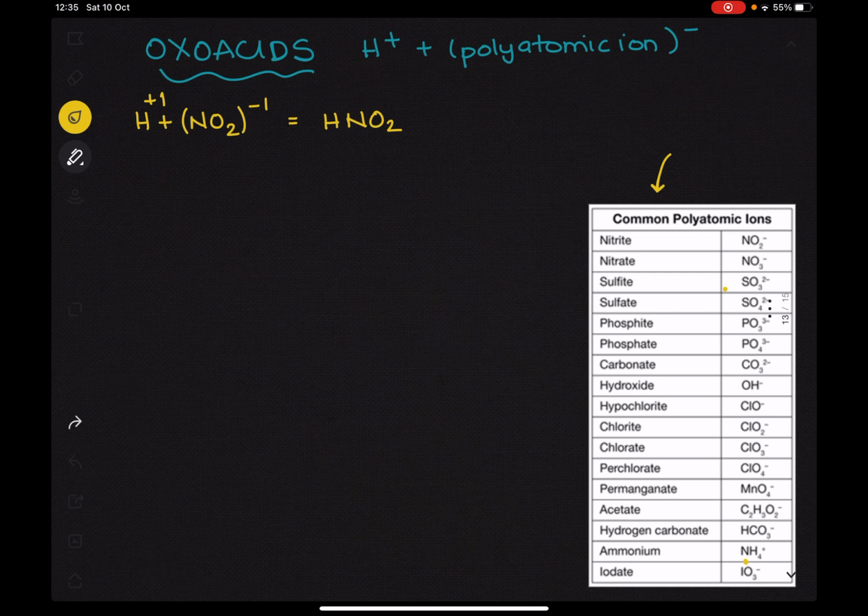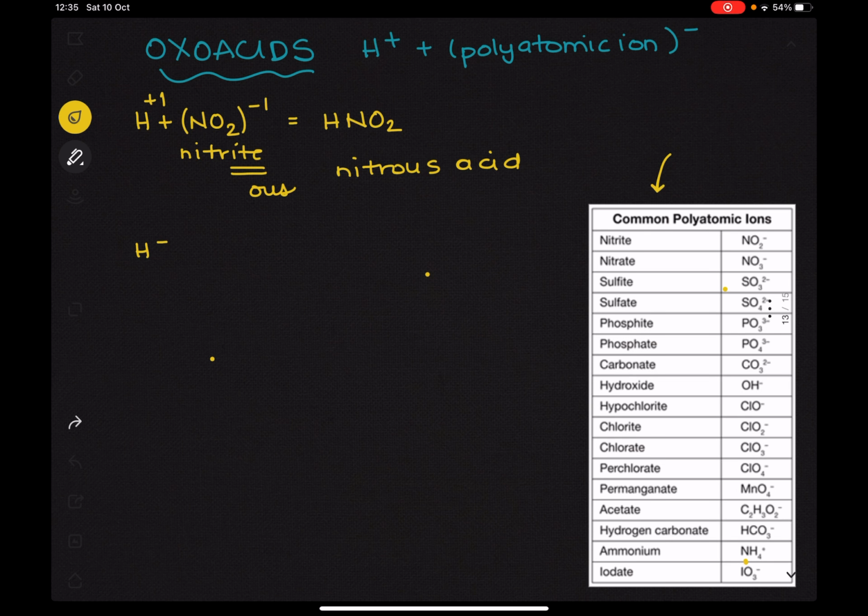So what is the name of this? In this case, we're going to use the nitrite, it's this one. And this ite part is going to change to ous. So in this case, it's going to be nitrous acid.